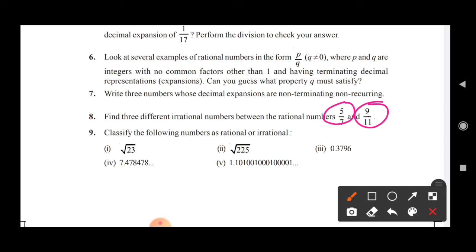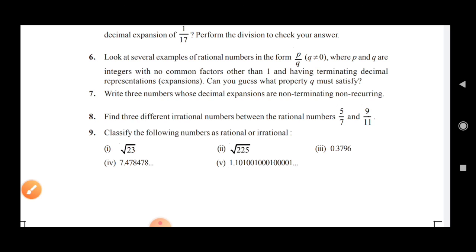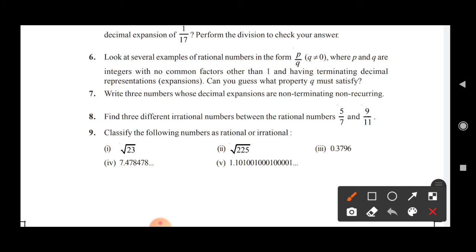Okay, now question number 9, classify the following numbers as rational or irrational. You have to classify these numbers as rational or irrational. Look at this screen. First one is root over 23, which is irrational.